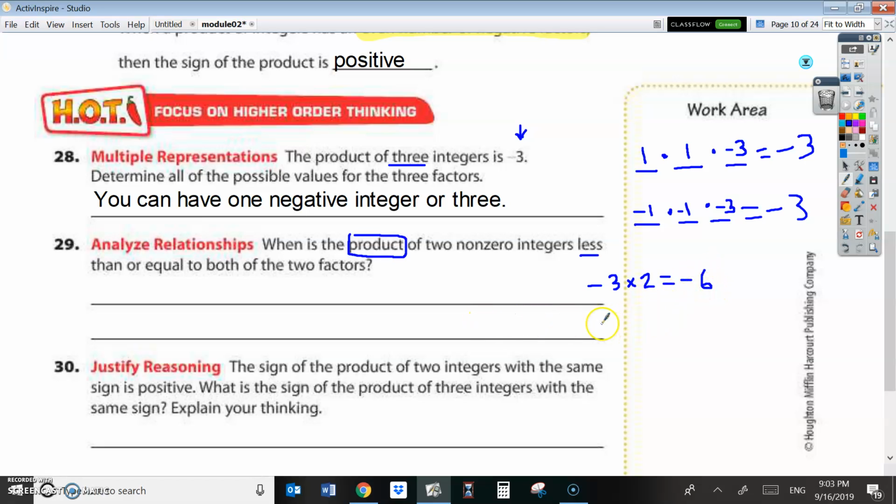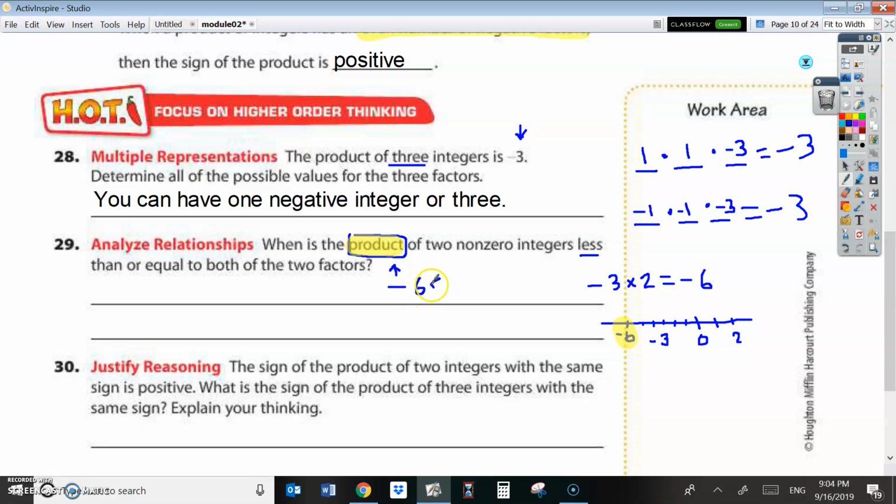On a number line, here's 0, here's 2, here's 1, 2, 3, negative 3, and here's 4, 5, 6, negative 6 is right here. So look, the product is less than or equal to both of the 2 factors. Negative 6 is the product.